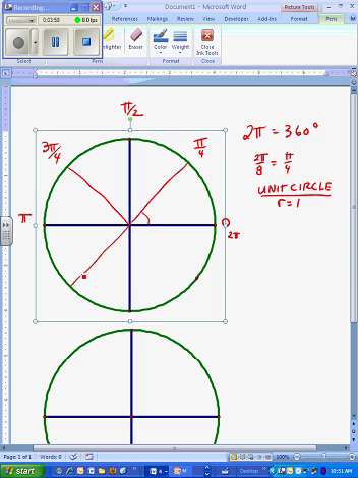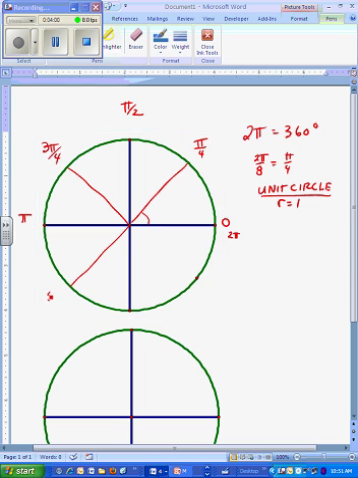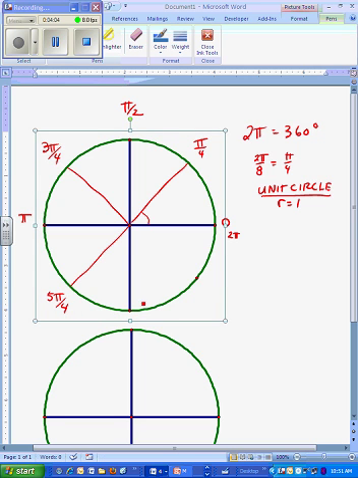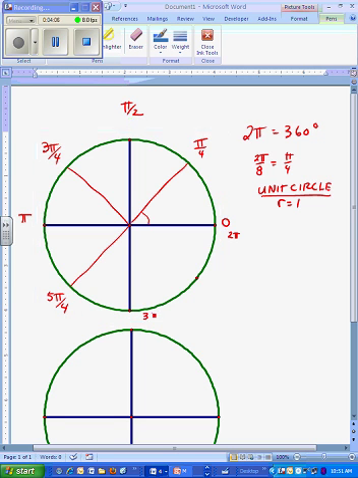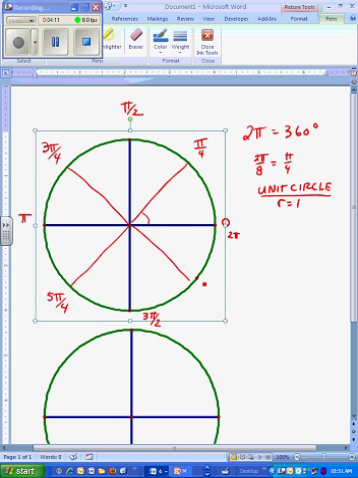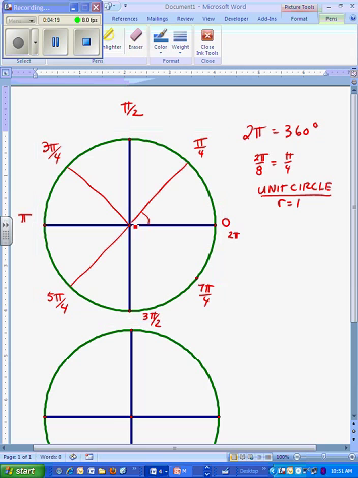And then this one would be 6 pi over 4, which we reduce down to 3 pi over 2. And then I put 1 back over here, which would give me 7 pi over 4. I think this one is off a little bit, so I'll make it a little bit better. All right, there. So each one of these angle measurements going around would give us a different value.